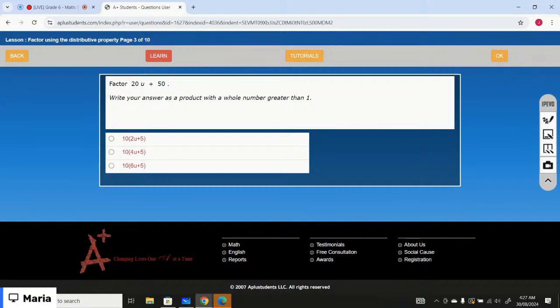Okay, factor 20u plus 50. So which is the correct option?